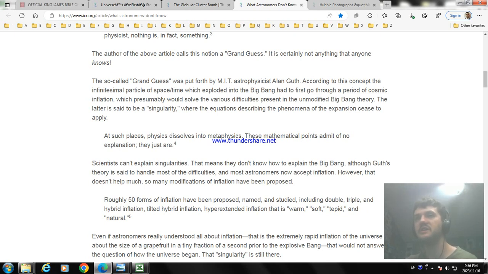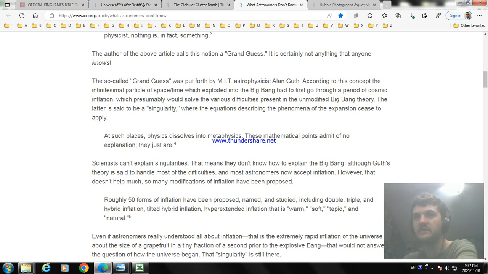The latter said the singularity, where the equations describing the expansion phenomenon cease to apply. Such phases dissolve into metaphysics, and these mathematical points admit of no explanation of what they are. Scientists cannot explain the singularities, which means they don't know how to explain the Big Bang.